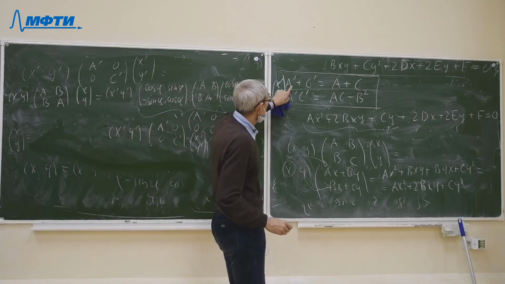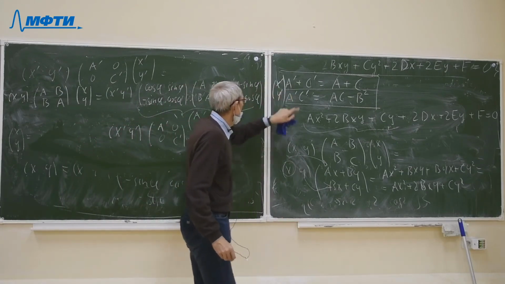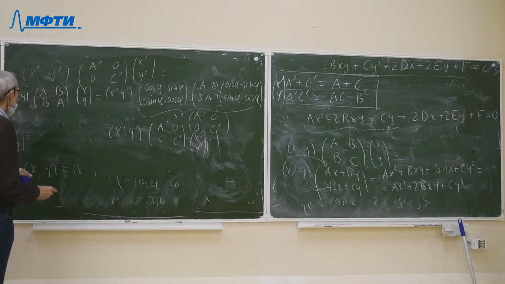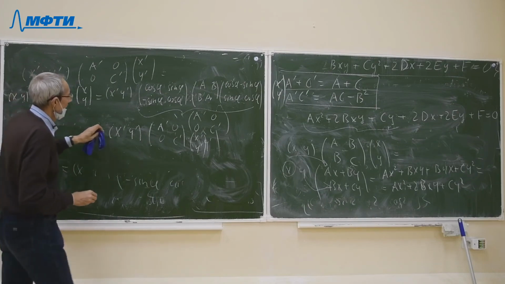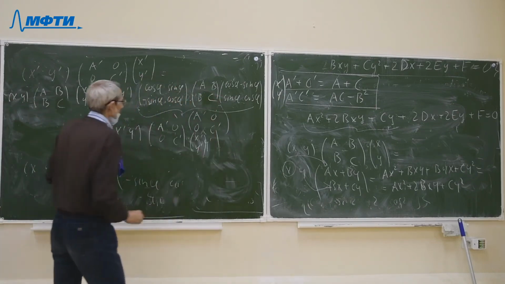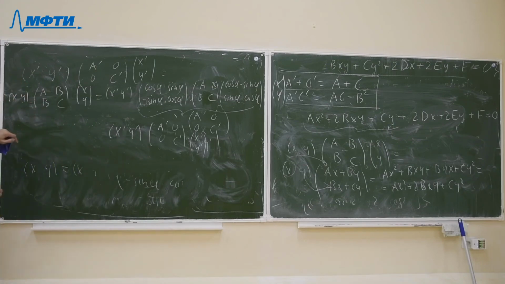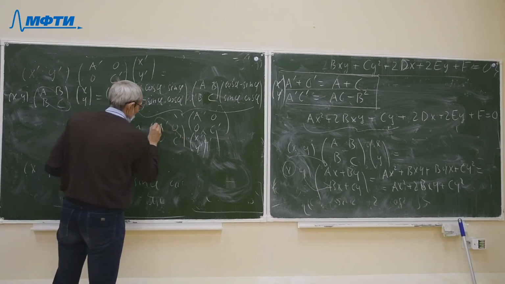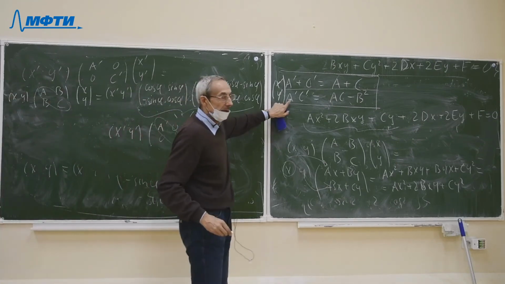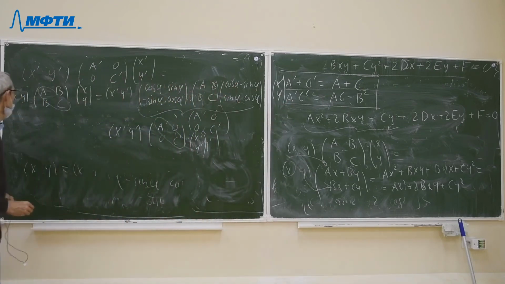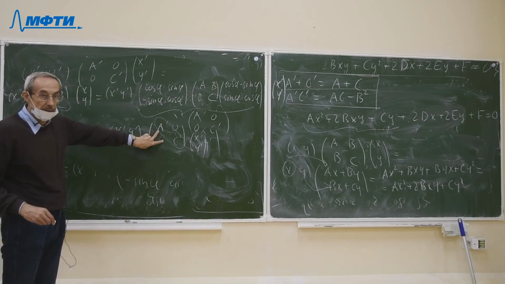Easy to see that this equality is an equality of the trace. The equality of the trace of this matrix and this matrix. And the second equality is equality of determinants of this matrix and this matrix.